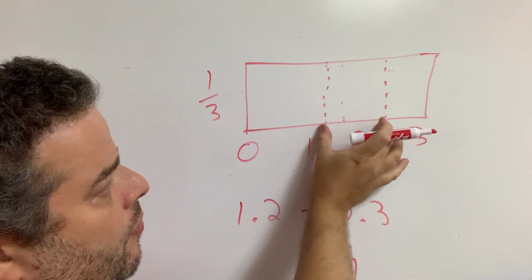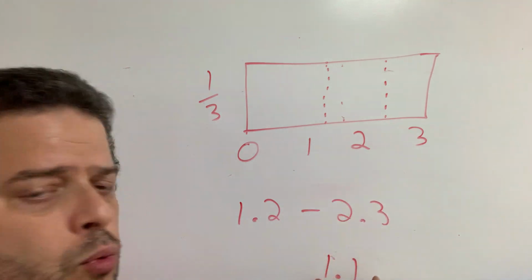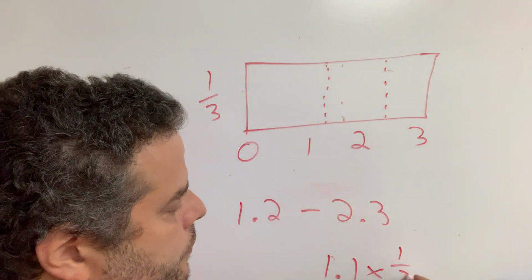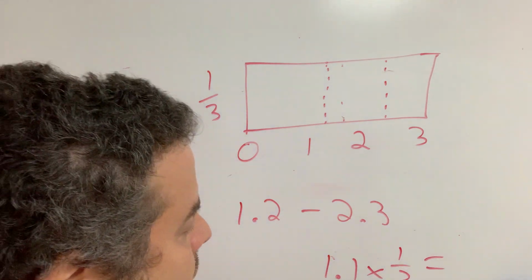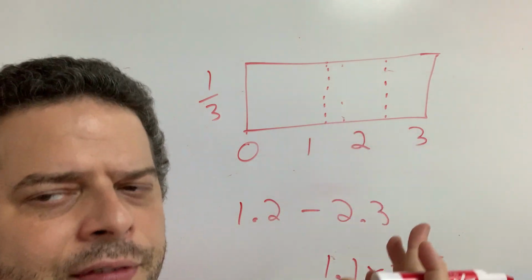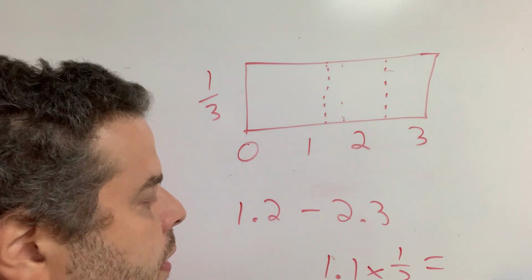The length of the base of this quadrilateral I'm trying to find the area of is 1.1. I multiply that by the height, and that's going to give you the proper area. I don't have a calculator at hand, but it's something like 0.35, 0.37. You can just calculate it perfectly.